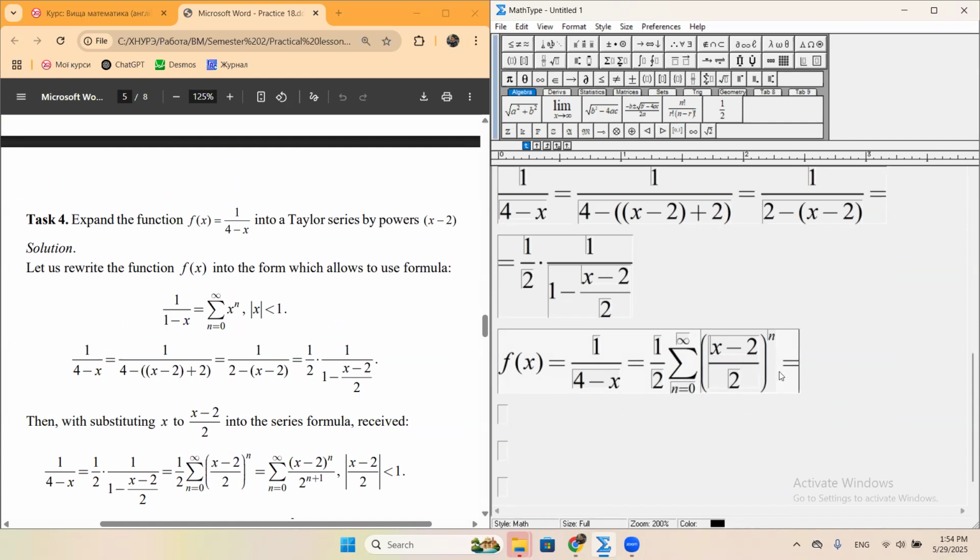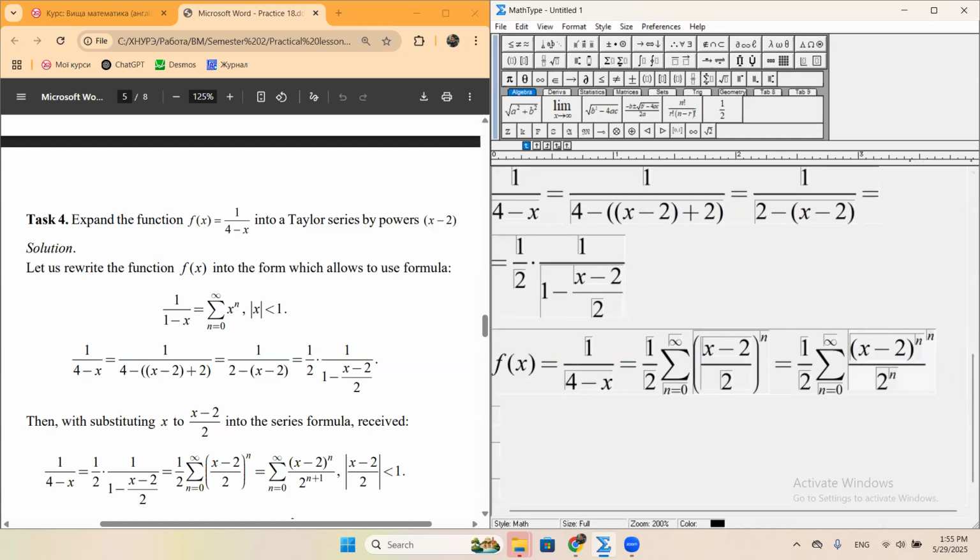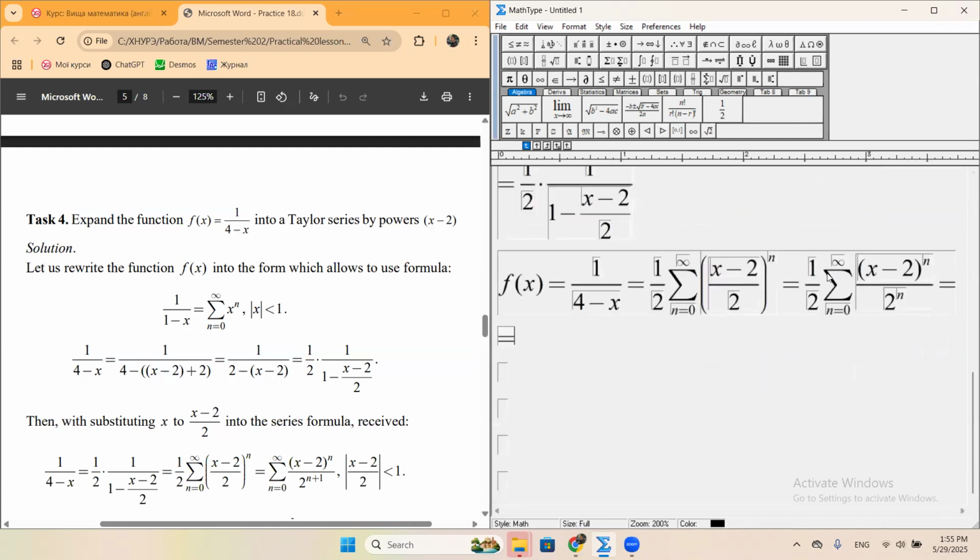So 1 over 2. Okay, let me expand brackets. So (x minus 2) in power of n, and 2 in power of n, and finally 2 in power of n plus 1. So actually, this is the final answer.